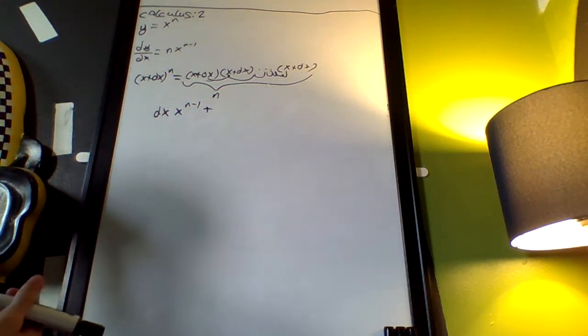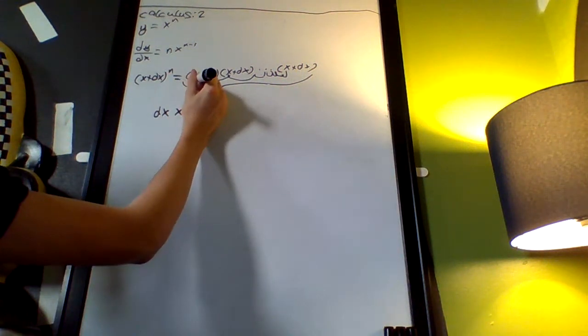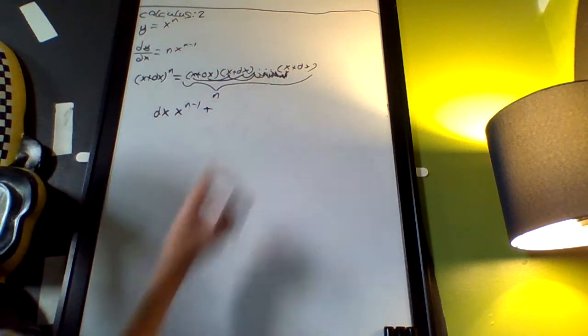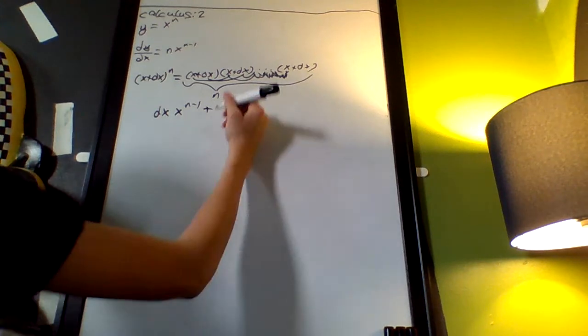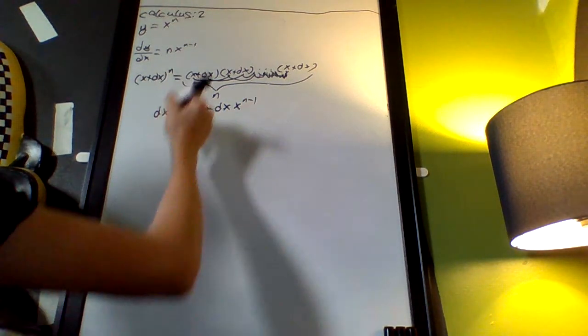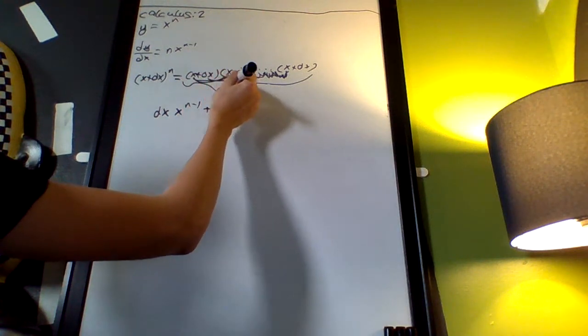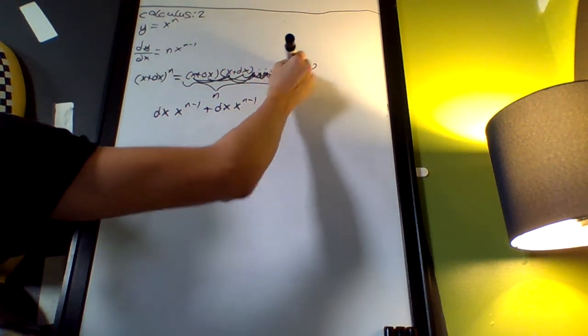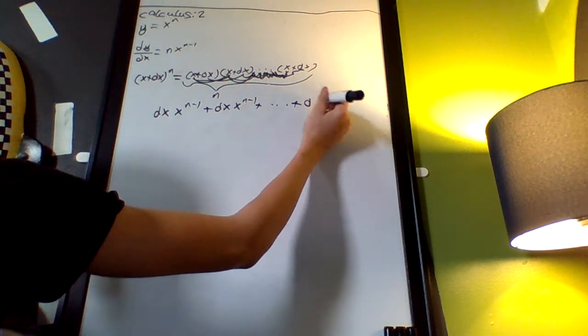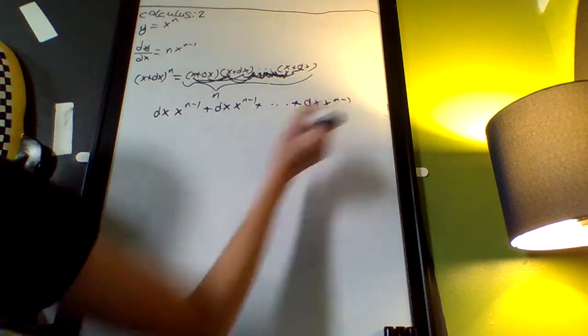I can also do x, and then dx, and then the same thing. That's also dx x to the n minus 1. But then I could do x times x, and then times the dx, and then all the way down. And I do that n times for each of the dx's.